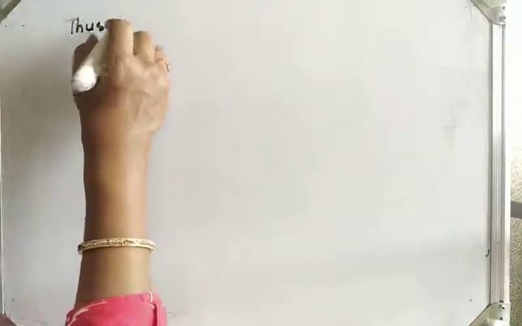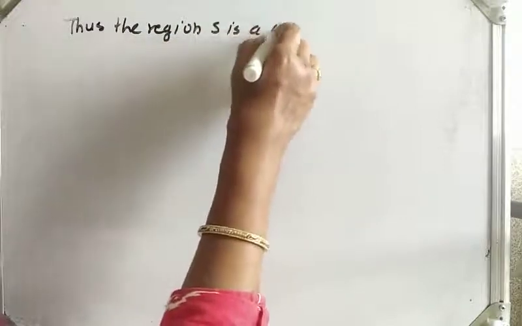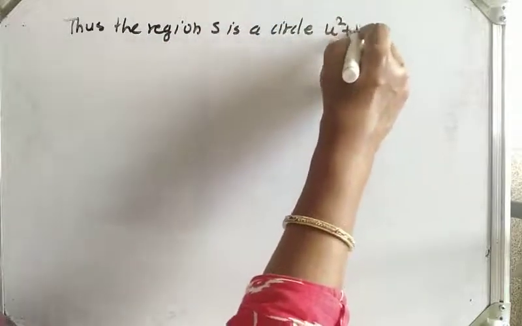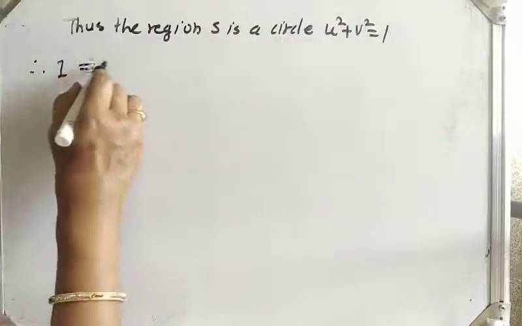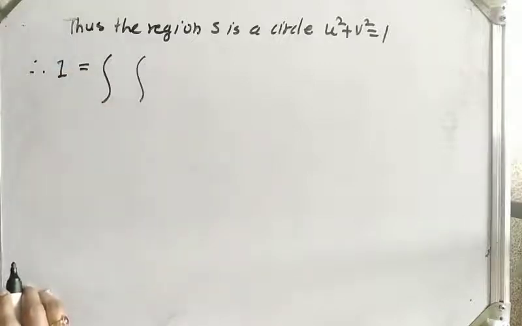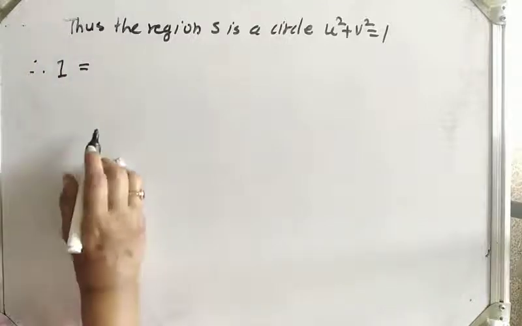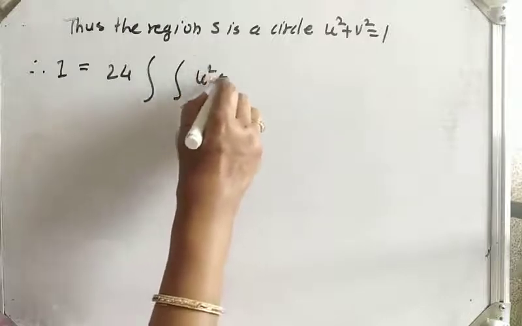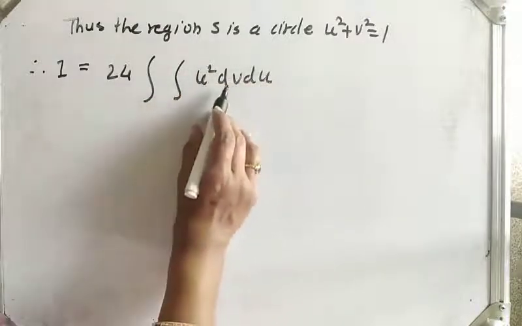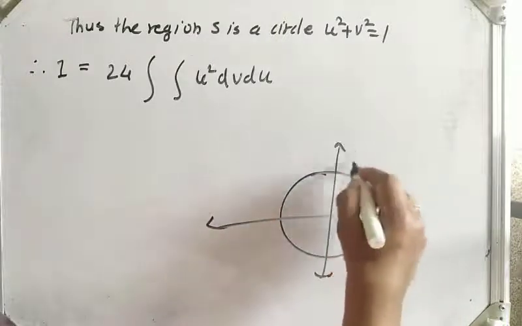Means we make a correction here. Thus the region S is a circle. Which circle? u square plus v square is equal to 1. Therefore I is equal to the double integration of 6 into 4, that is 24, u square dv du, where we have taken a strip parallel to the v axis.